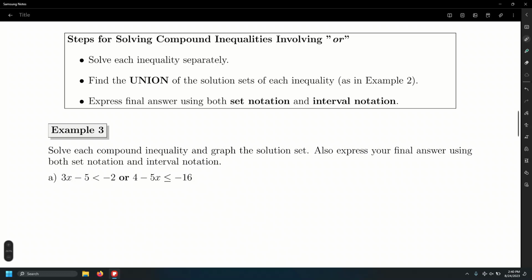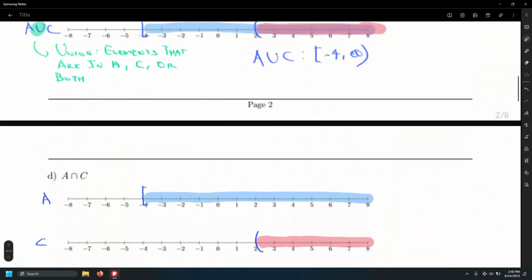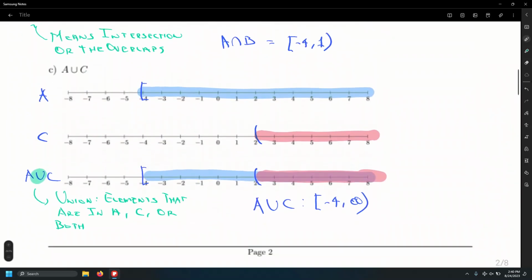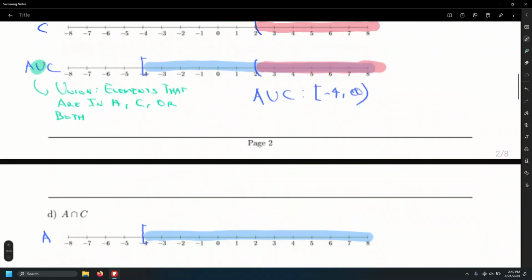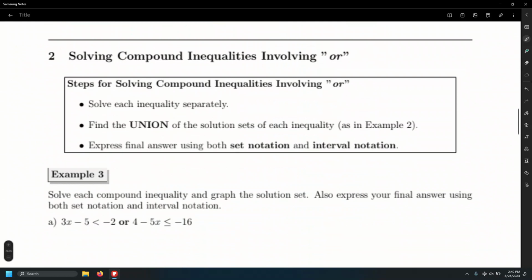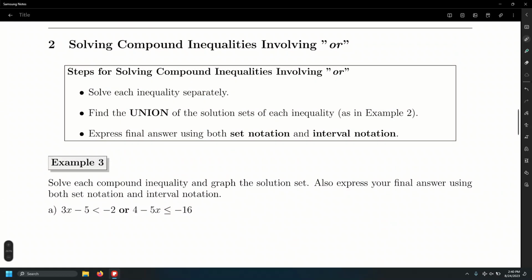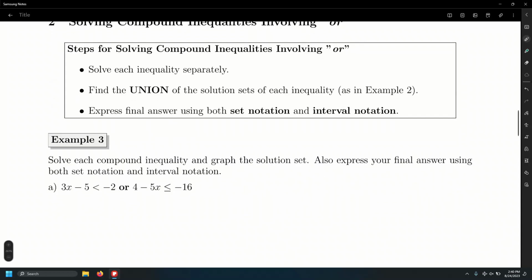And then find the union of the solution sets of each inequality, as in example 2, like the ones we did here. You know how we have a union here, how we have a union there as well. So essentially this couple of examples right here were a prep for what we're going to do here to solve compound inequalities.